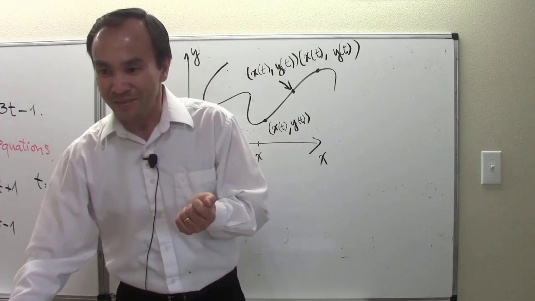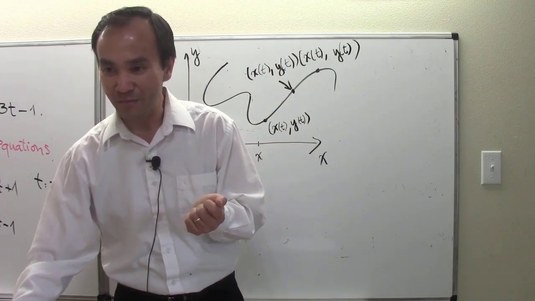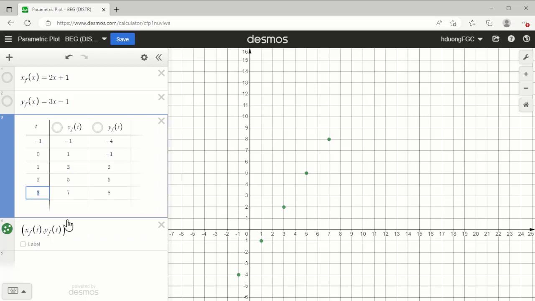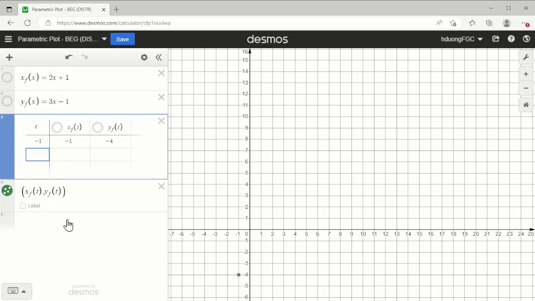So back on the graph, think about the motion of the points right there. I'm going to roll back to this beginning point. Right here, when t equals -1, we are at that point. And then now 0, think about the point being repositioned from here to here.